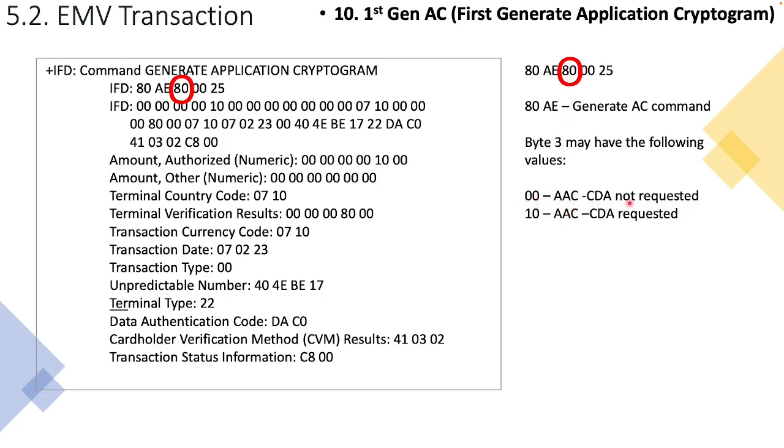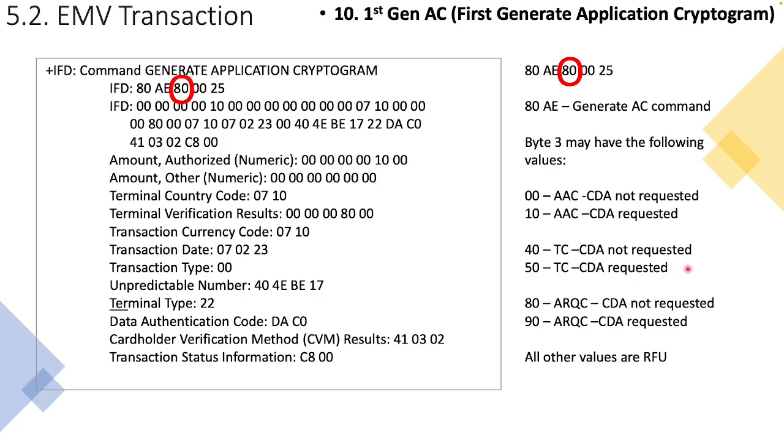So 00 if during the transaction we had not yet asked for CDA, or a 10 if this happened after CDA was processed on the terminal. If this value had been 40 or 50, it means that the terminal was asking for an approval: 40 where we have not yet done CDA, and a 50 where CDA was processed already.